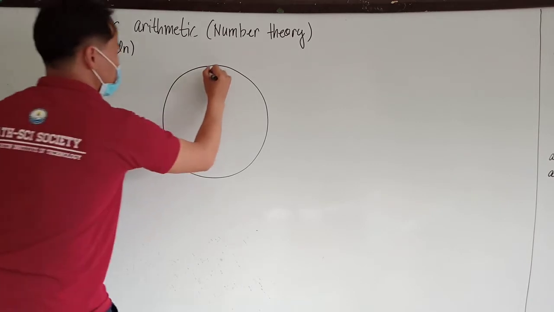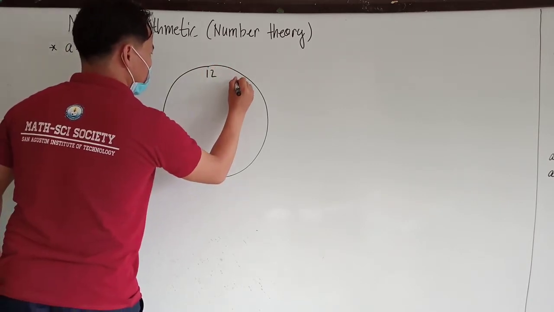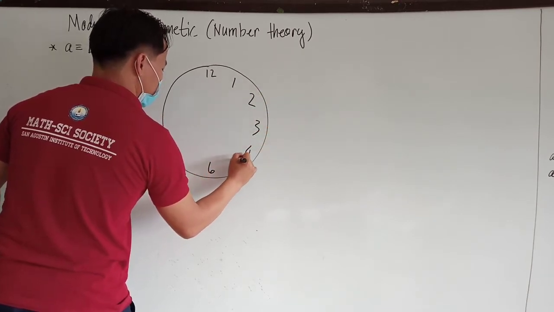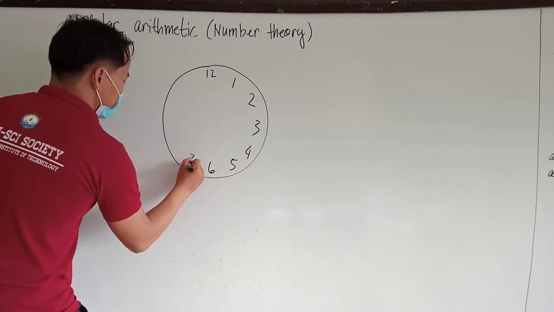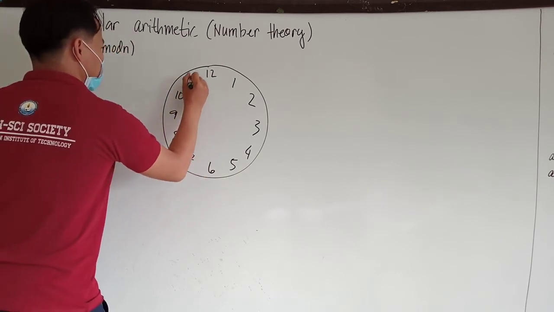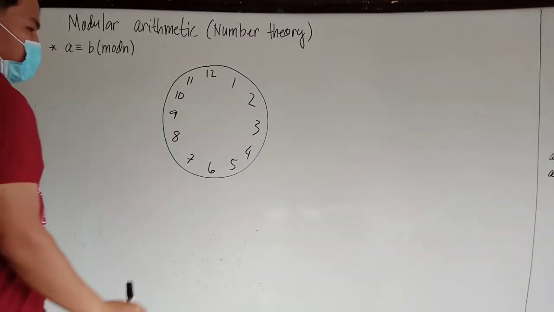So we have here 12, and we have here 6, then 1, 2, 3, 4, and 5, 6, 7, 8, 9, 10, and 11.